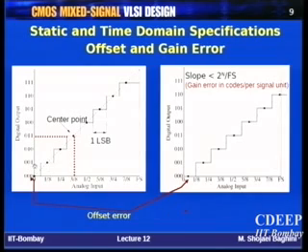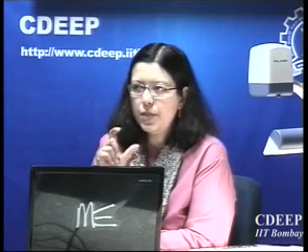So if we consider the slope of 1 code transition, 1 bit transition, divided by exactly the LSB size, 1 code transition per LSB is the slope of this line. But this is again an ideal case. It may not be the same.